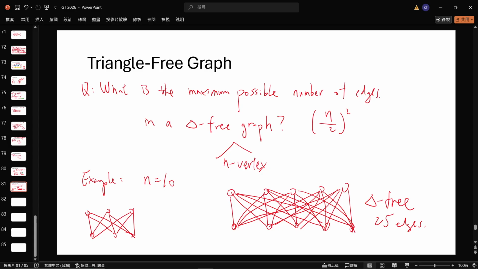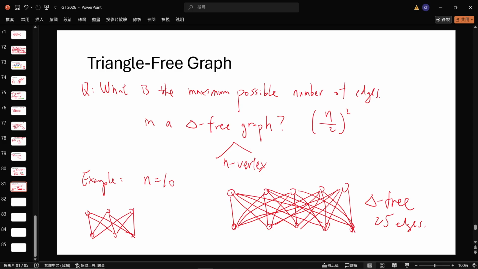It turns out that this is true, at least when n is an even number, where you can divide the sets evenly. But even if n is not even, there's only a difference of 1 between these two sets, and still this construction is the best.